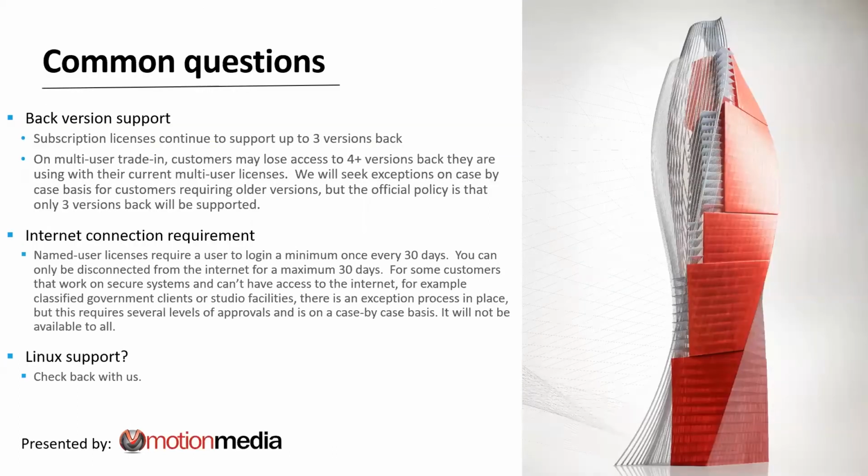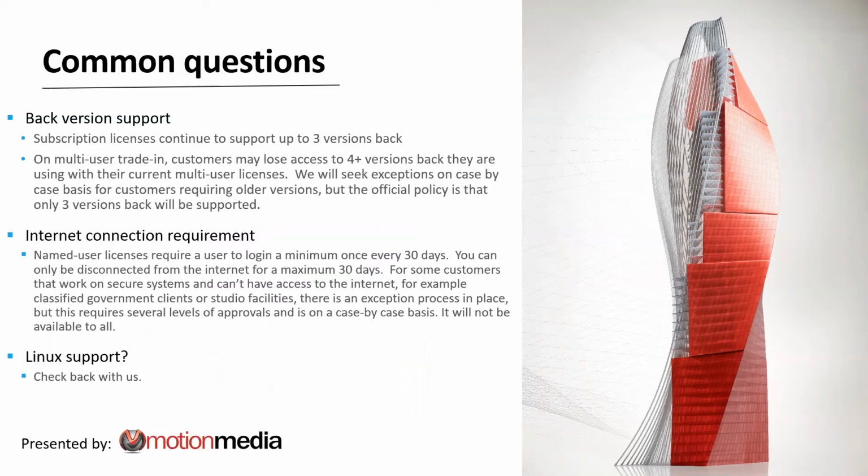All right, these are some kind of pain points and probably some questions people have. Back version support. If you do the trade-in, because you're now going to a new subscription contract, that contract doesn't have a history of back versions, beyond the 3 that you get for sure as part of your subscription.